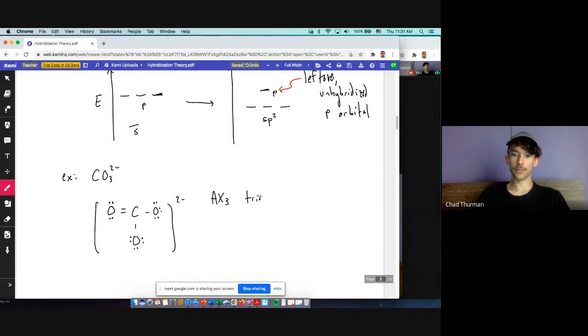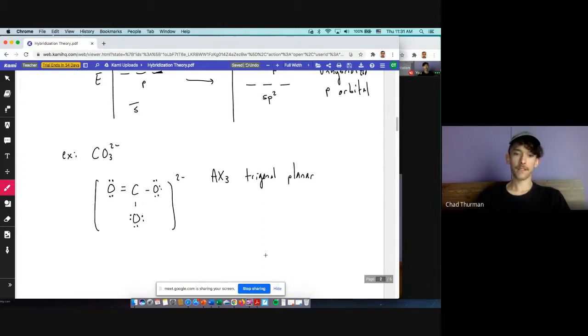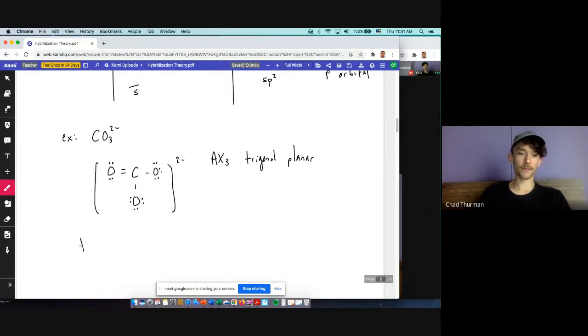That's trigonal planar. And so I would say that the central carbon utilizes sp2 hybridization.